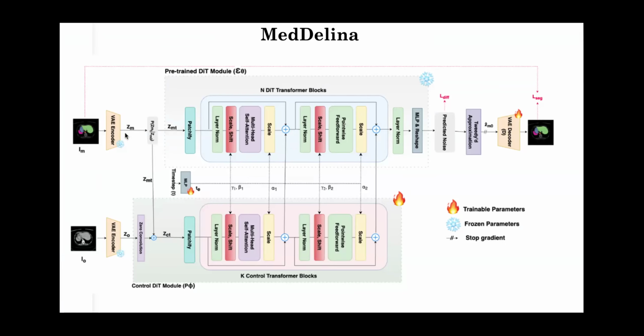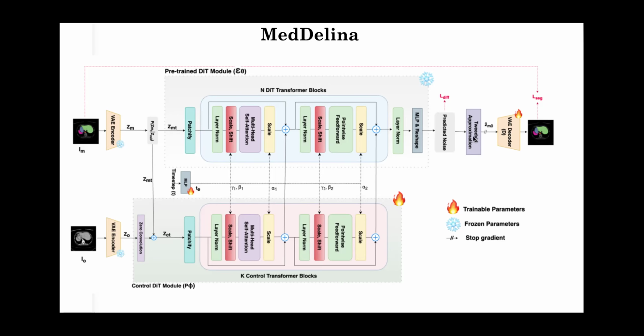I still have some difficulty understanding intuitively why your method is better. What did you do that makes you better than other methods? You said you can do small objects better. Why can your model do small objects better? One of the main reasons is that we are not only penalizing the diffusion loss, not only predicting the noise.